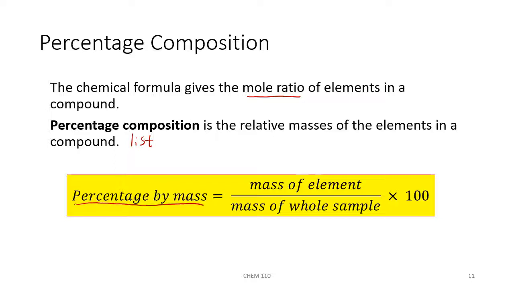So percentage by mass is calculated by determining the mass of one element within a compound, and we would multiply by how many atoms of that element there are, and we divide by the mass of the entire sample, and then calculate it as a percentage, so multiply by 100. This percentage by mass data is often useful in a variety of calculations that we'll see in a little bit.